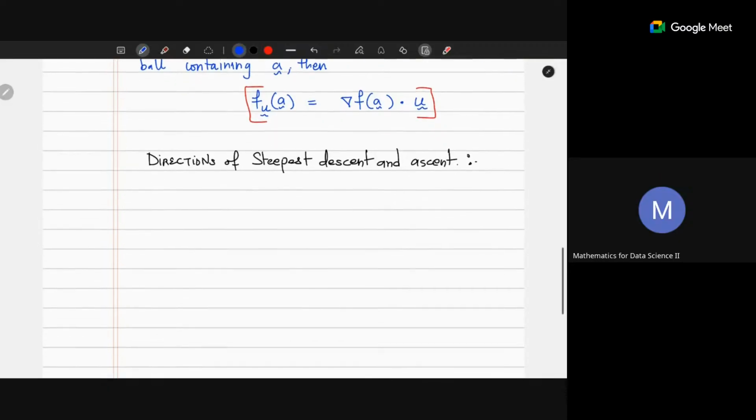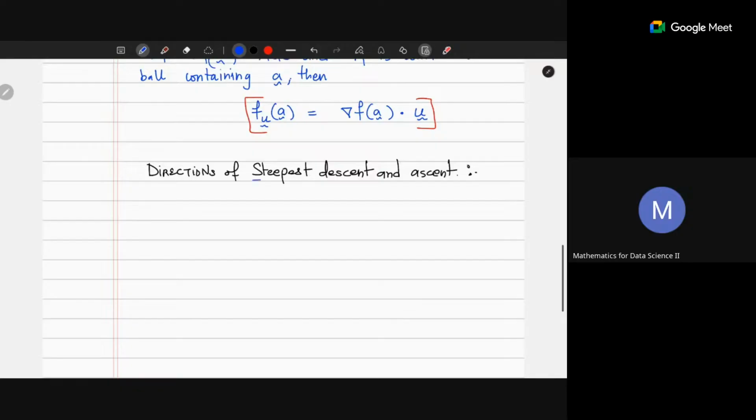Which direction has the steepest descent, which direction has the steepest ascent, and in which direction does the directional derivative remain zero?